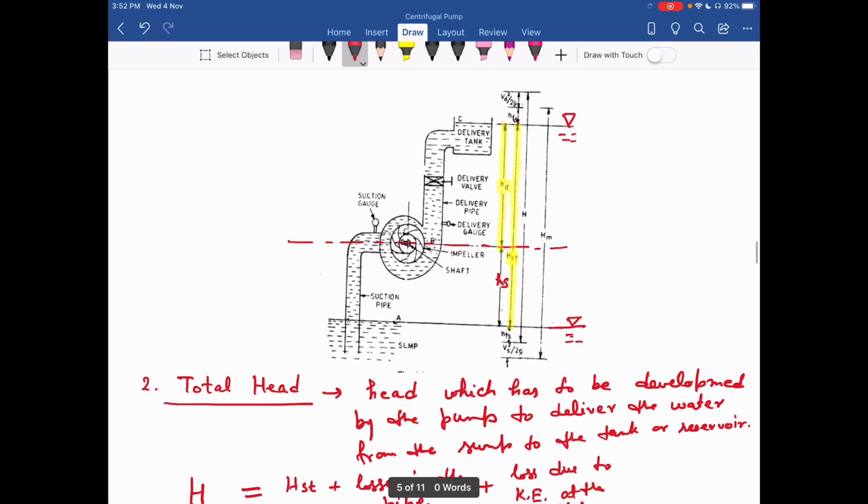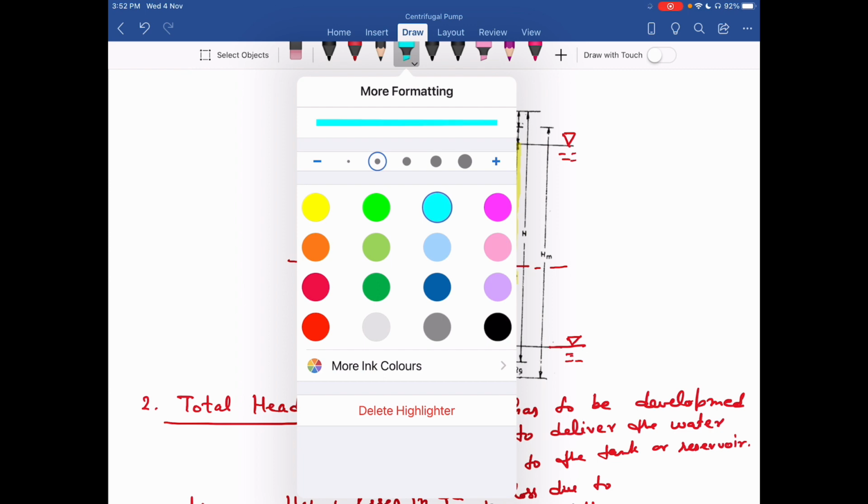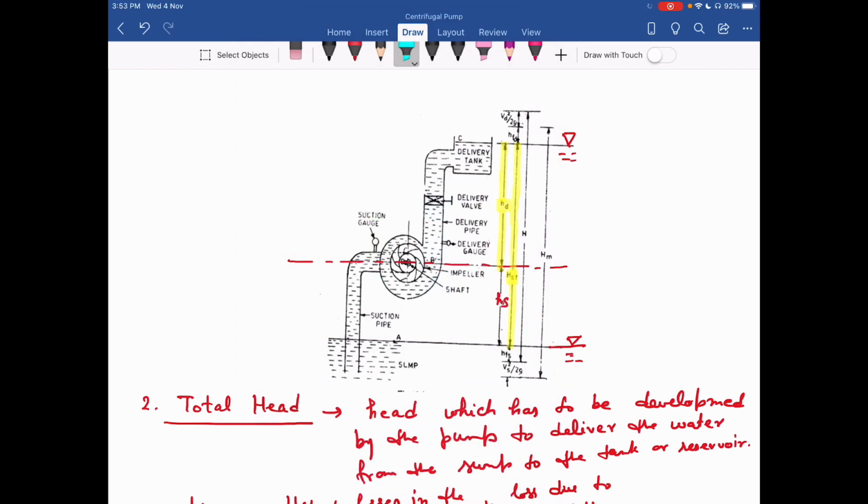Now you can see in this diagram. So this head includes the static head. This is my static head, plus frictional loss in the suction pipe, that is this one, friction loss in the delivery pipe, that is this one, plus the kinetic head along the delivery side.